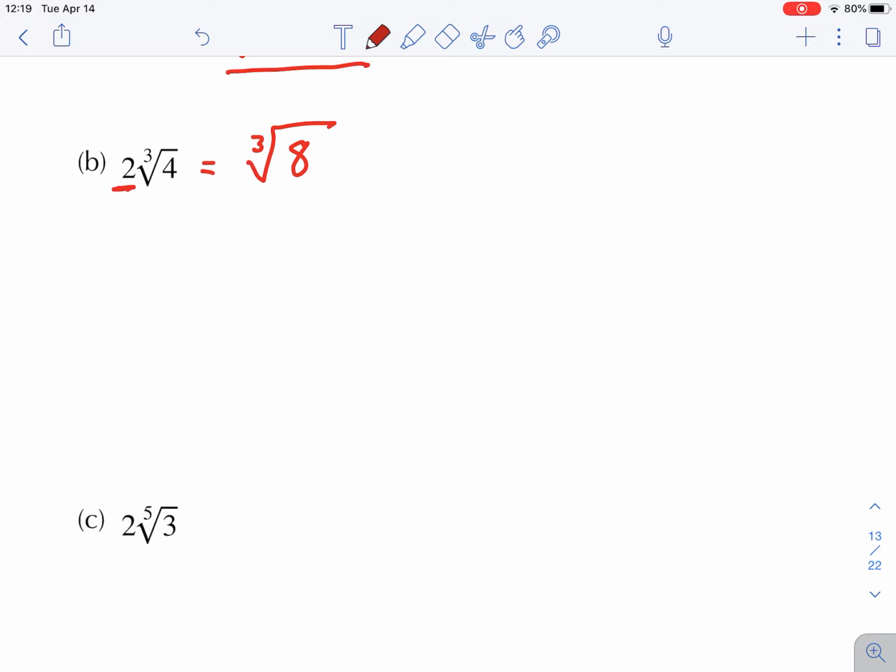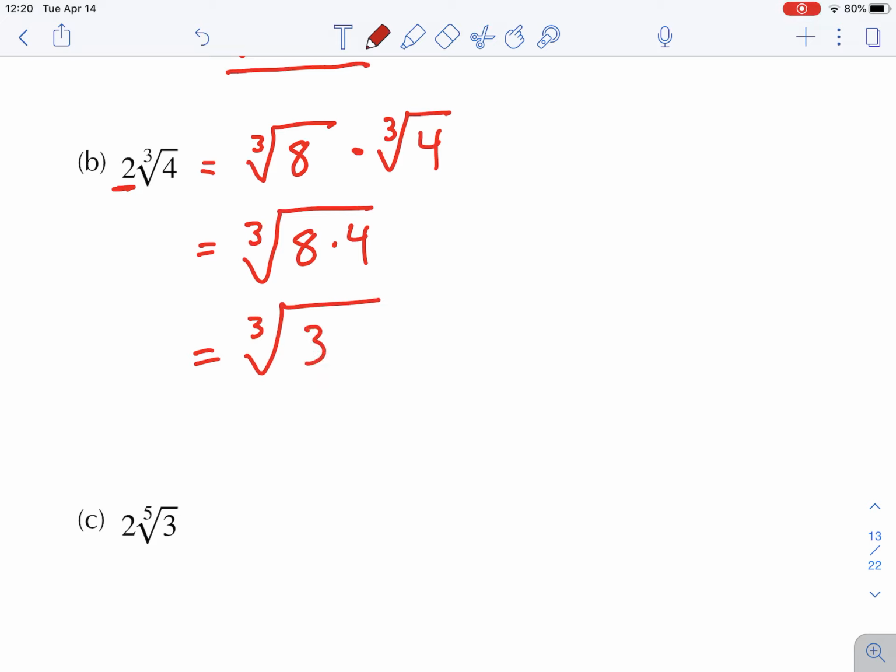So we take our 2 and we replace it with the cube root of 8. And then we're going to multiply that by the cube root of 4. Now we combine these two together, the cube root of 8 times 4, and we get the cube root of 32. There's our entire radical.